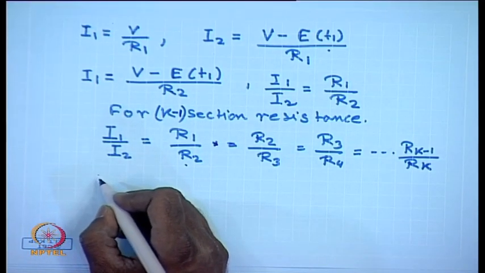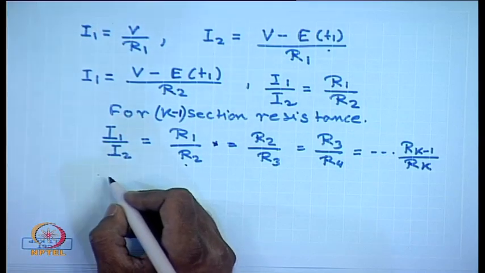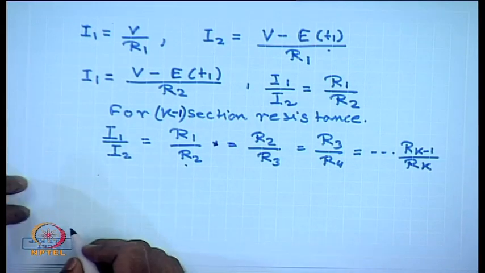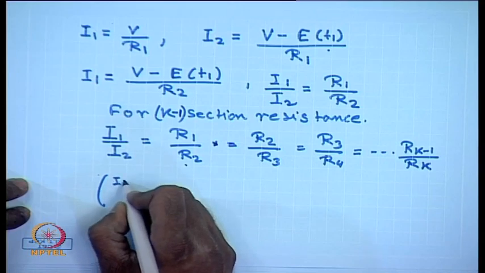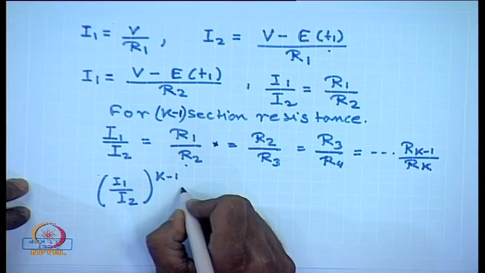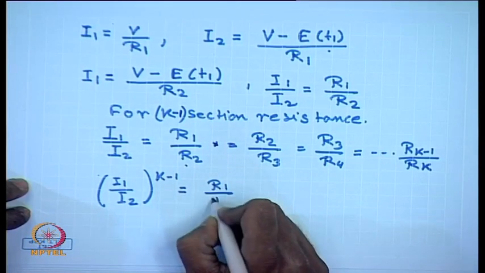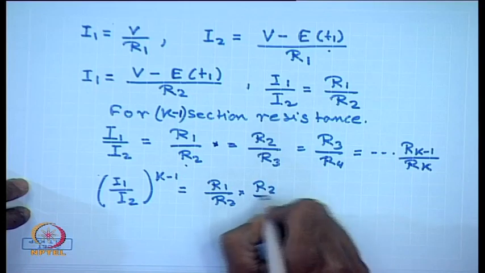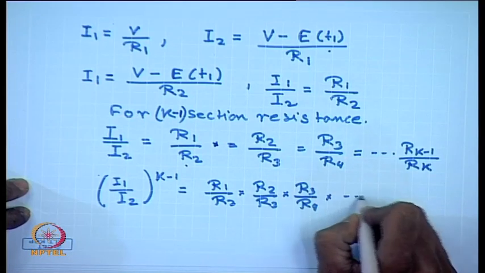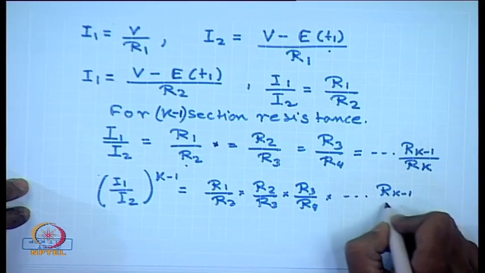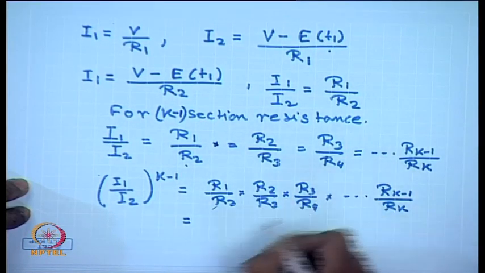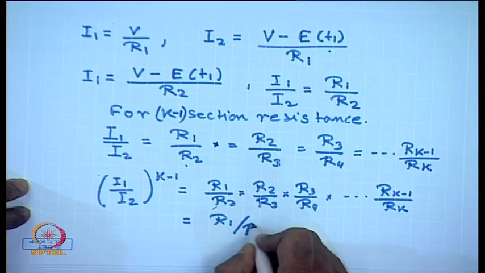So, (I1 by I2) to the power k minus 1 equal to R1 by R2 into R2 by R3 into R3 by R4 into ... R_{k-1} by R_k equal to, these things cancel, it becomes R1 by R_k.